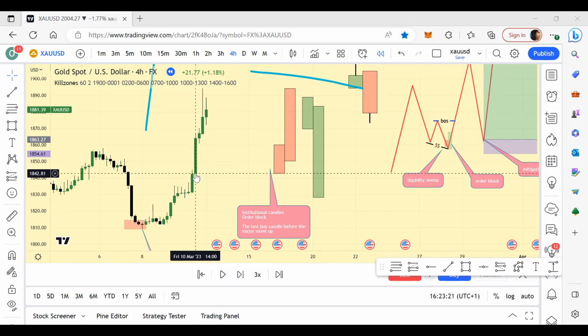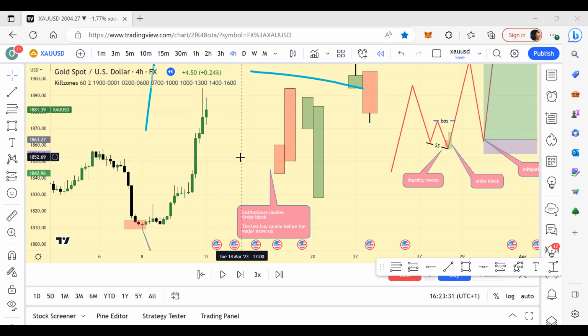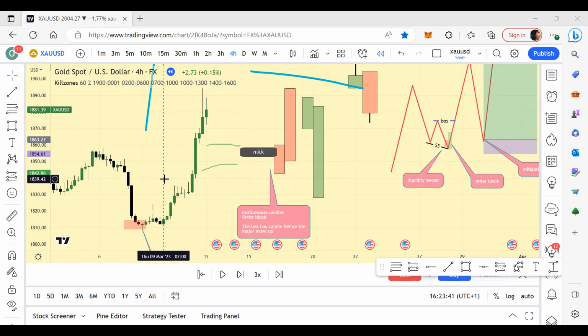Can you annotate the screen and show me where the imbalance is? I've put you on mute. Well, can you annotate your screen? Okay. Gotcha. So can you show me where the imbalance is?